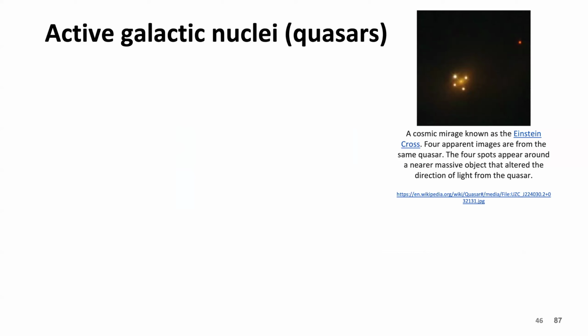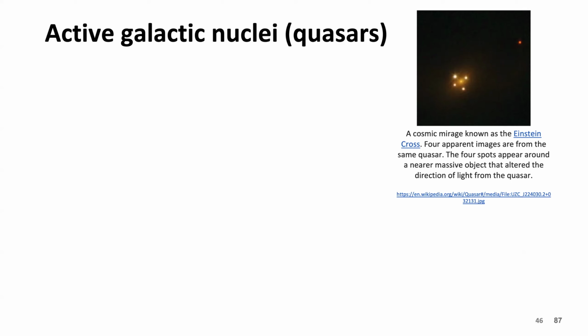A particularly interesting kind of galaxy are the oldest ones, and they frequently produce this kind of effect. These are called quasars, and for decades, they were seen to be very far away and very old and stupendously bright.